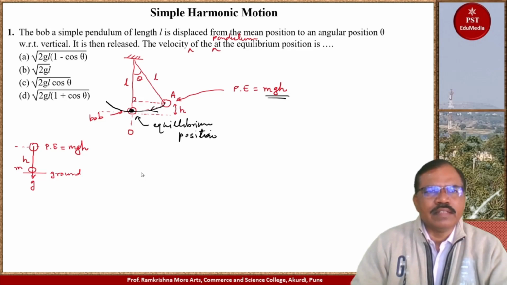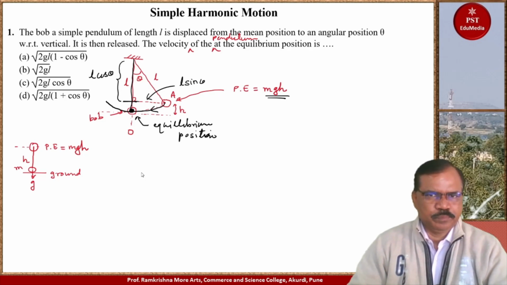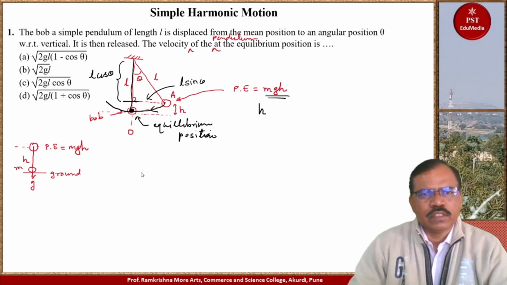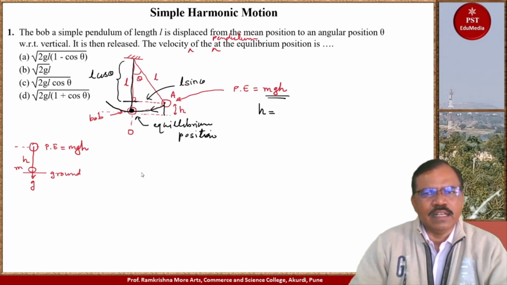Now see here, this length is L. So I will get this part as L sin theta, and this part as L cos theta. So what is h? h is this one. Total length is L, so h is equal to L minus L cos theta.